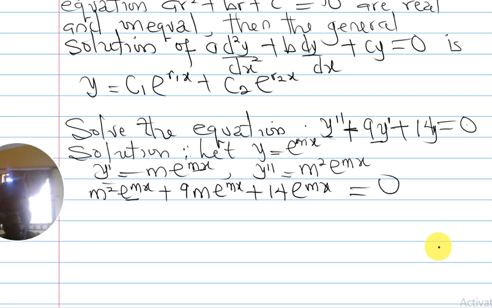Now let me factorize the exponential out: e raised to power mx into m square plus 9m plus 14 is equal to 0.